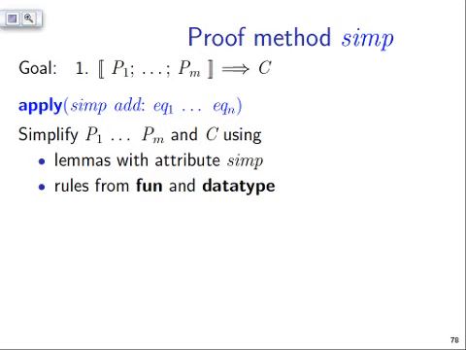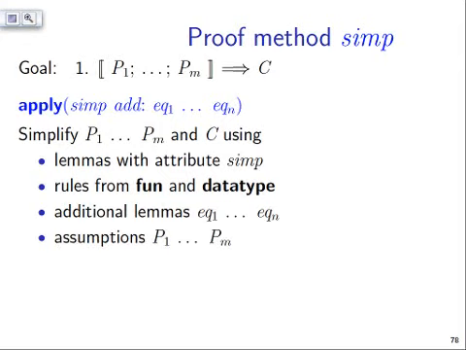So there's also some helpful stuff coming out of datatype. And of course it will also use all these equations 1 to n as rewrite rules. And it will additionally use the assumptions P1 to Pm to simplify each other and to simplify the conclusion. So it'll try to basically do as much simplification as possible.